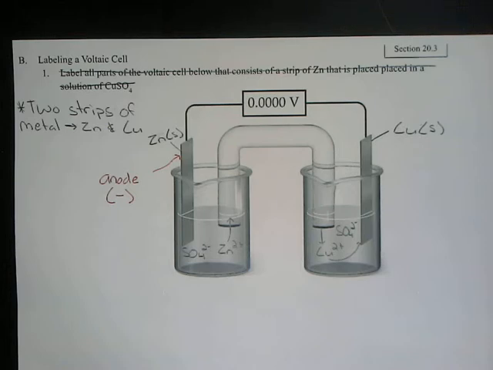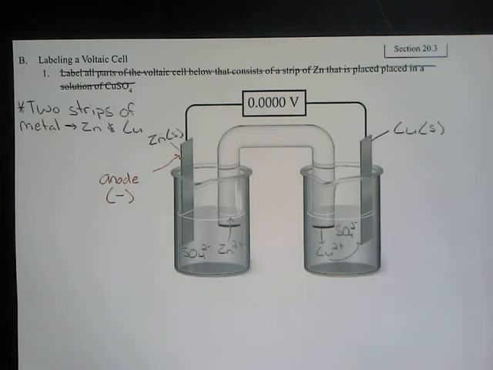And so what this also means here, because zinc is our anode, if we take a little look back at our definition, the anode is defined as the solid metal in which the oxidation half reaction takes place.